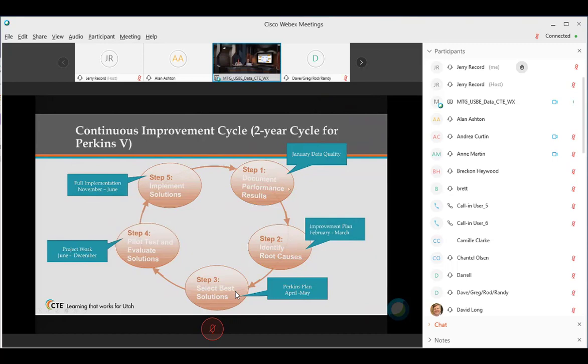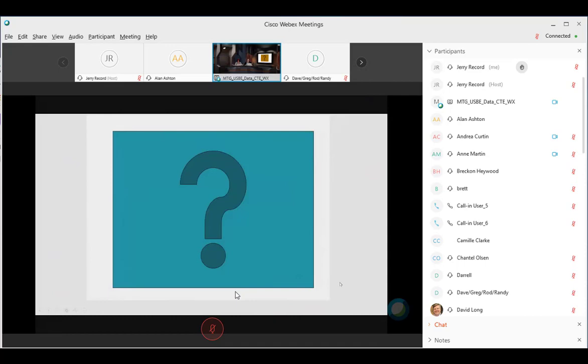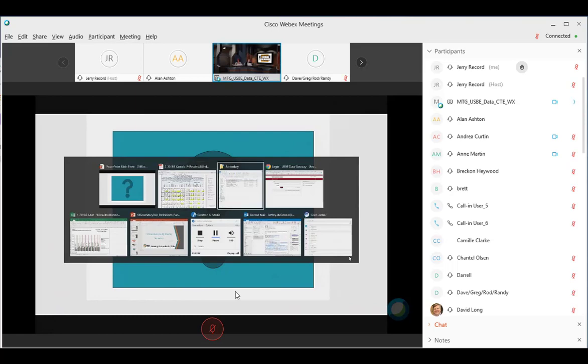You look at your data, you identify some problems, try to find some solutions to them. You test and evaluate those solutions, and if they work, then you implement them. That went quicker than our post-secondary.